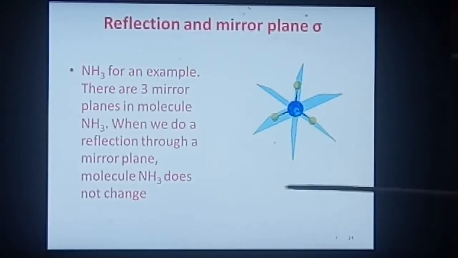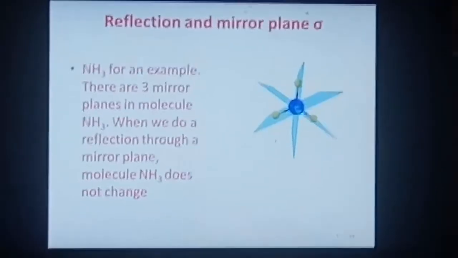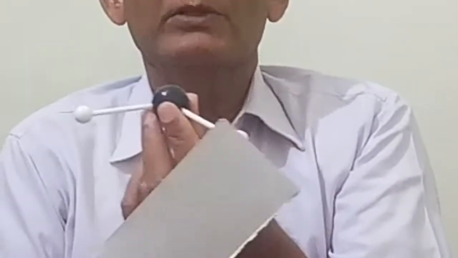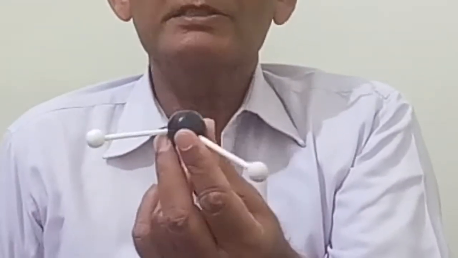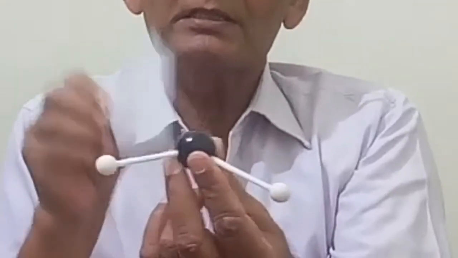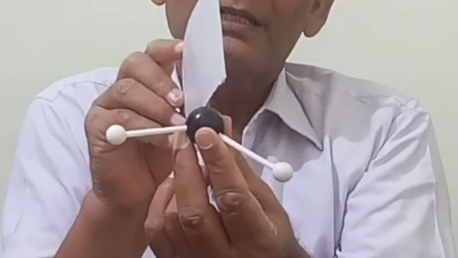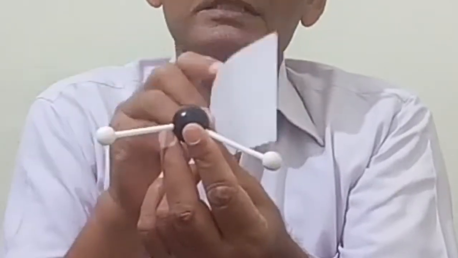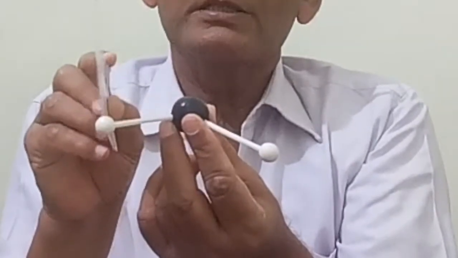This we will explain by taking the model of ammonia again. This is the ammonia molecule, this is nitrogen, these are the three hydrogen atoms. So the plane passing through this nitrogen and this hydrogen, that is this plane, is the first sigma. In this, the two atoms, this and this, are the mirror images of each other.